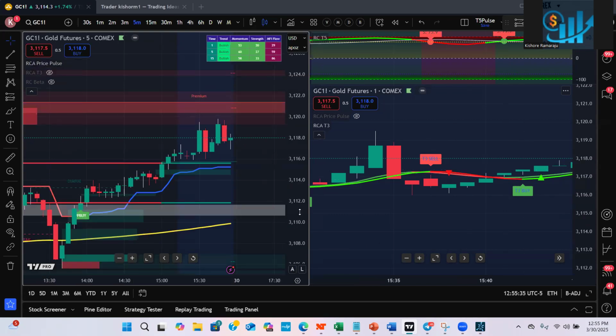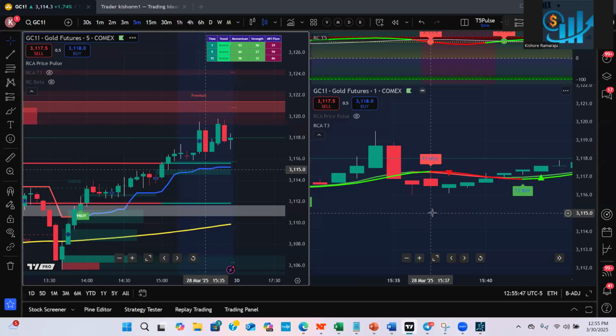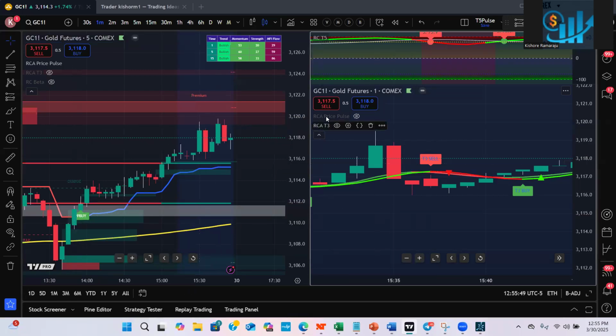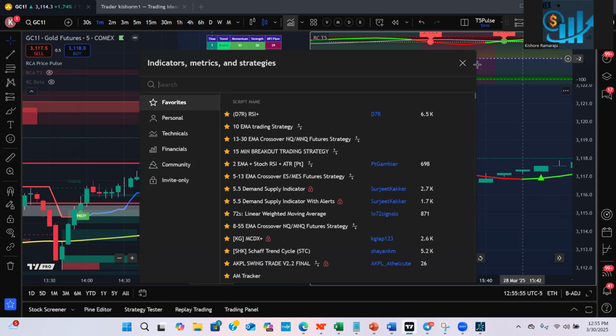So again, just to summarize, on one side you have your higher time frame, like 5 minutes. Then wait for a Price Pulse buy or Price Pulse sell. Whenever you get a buy or sell in the 5 minutes time frame, on the other side you use T3, or you can use Top Trend, you can use Beta, whatever other indicators you want.